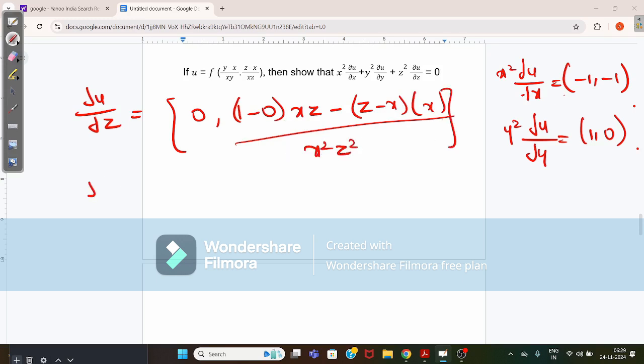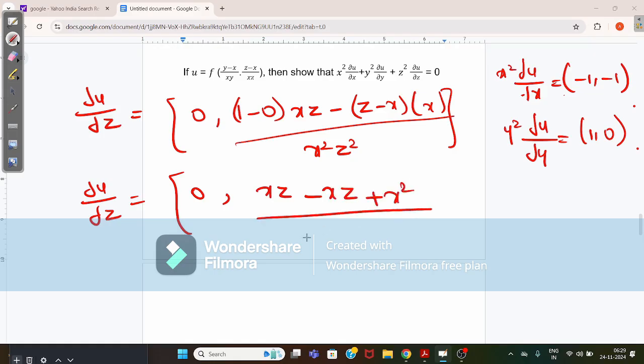Okay, so dou u by dou z gives the value here 0 comma (xz minus xz plus x square) by x square z square. This value gets cancelled out, and this x square gets cancelled out, so remaining is 0 into 1 by z square.